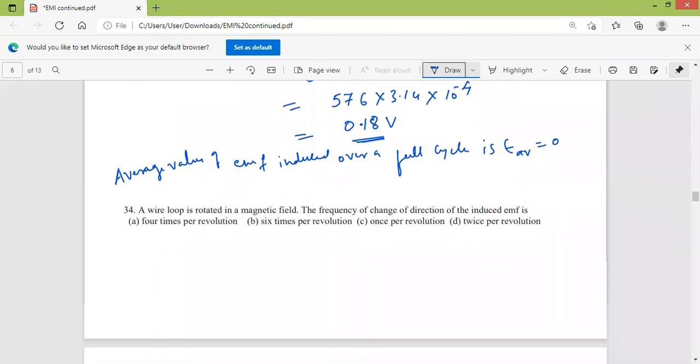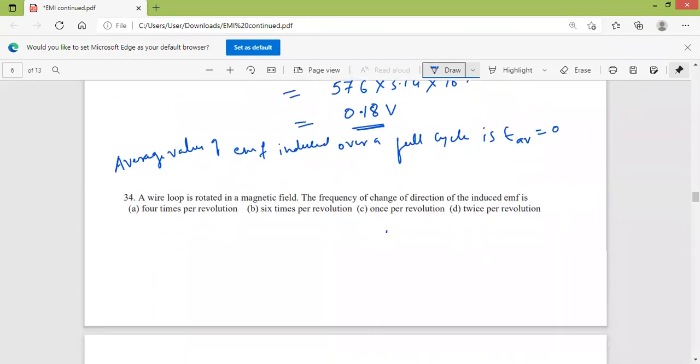consider a rectangular current carrying coil rotating in the uniform magnetic field, you know that it changes its direction twice. During the first half cycle, the current will flow from A to B, B to C, C to D. The current is in one direction.